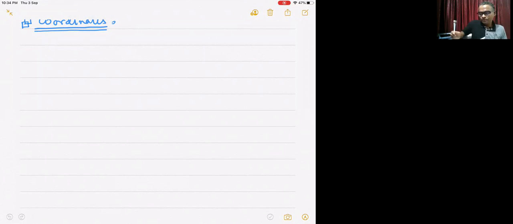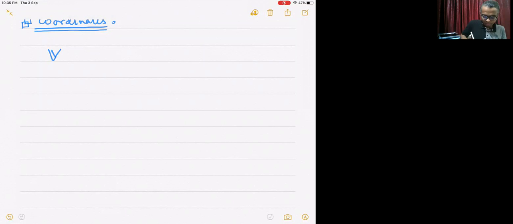Okay, so let's start with this idea of a coordinate. What we first need to notice is the following. Like always, we are going to treat things in an abstract manner.